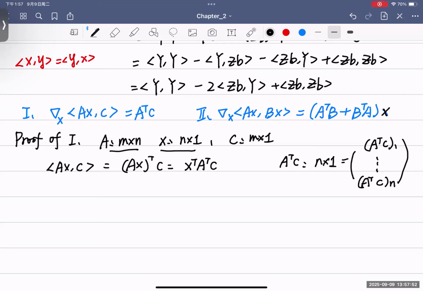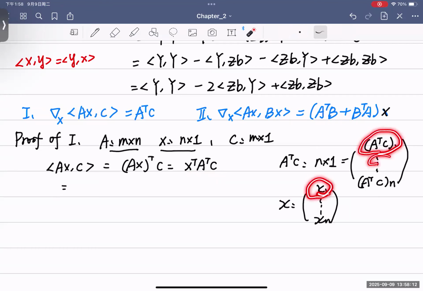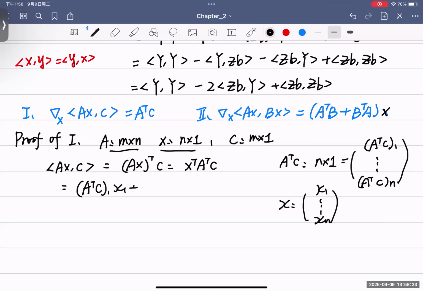Now we can compute the value of this term. Suppose x is x1 to xn. When calculating the inner product, the whole thing is the first term times x1, plus the second term times x2, and so on, plus the last term times xn.